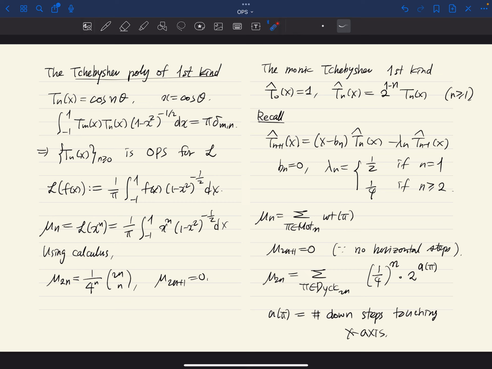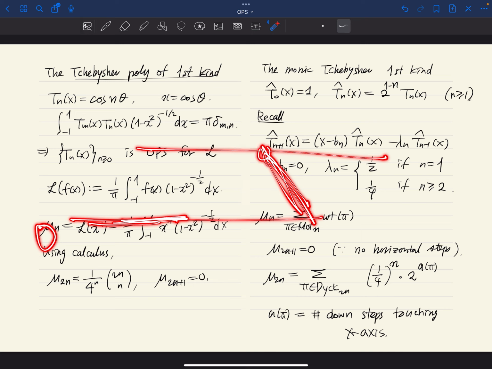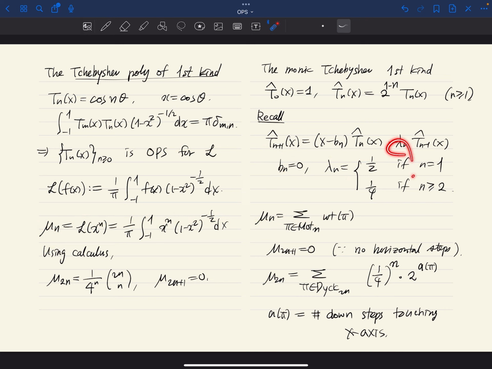You have to be careful. Bn starts from 0, but lambda always starts from 1, because the horizontal step can touch the 0 level, but the lowest lambda is lambda 1. So yeah, this is right.